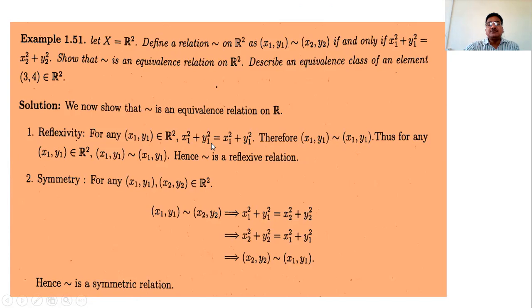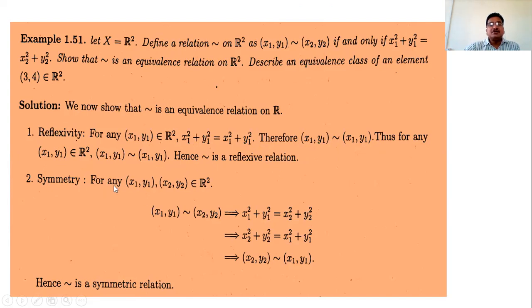This implies (x1, y1) is related to (x1, y1). Thus for any element (x1, y1) in R2, each element of R2 is related to itself, and hence this is a reflexive relation.